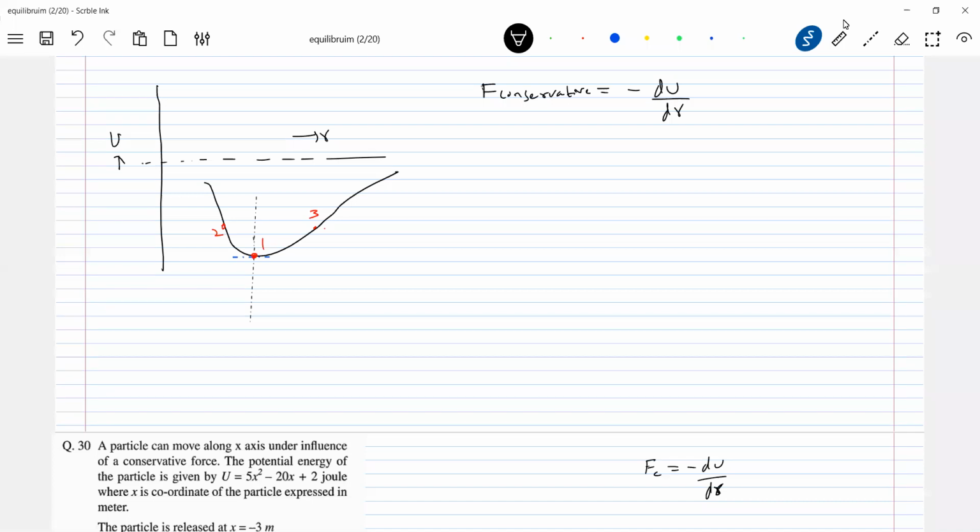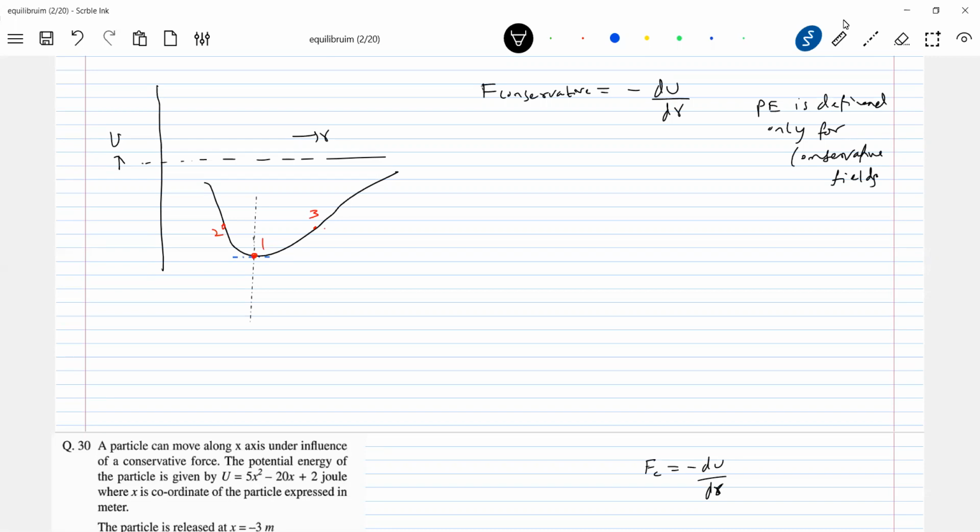The potential is defined only for a conservative field. So minus dU by dr should be a conservative force, not some external or conservative plus non-conservative. Only it should be that one.